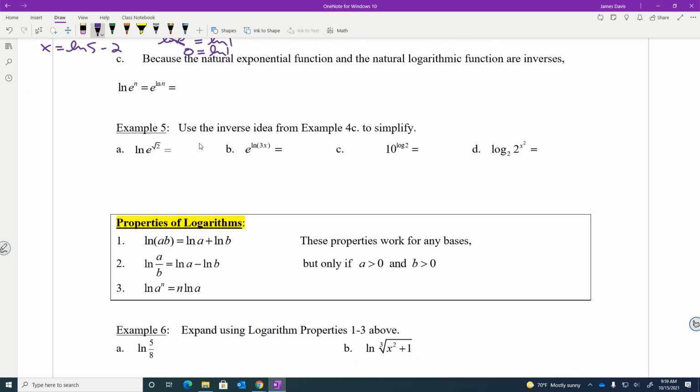Use this inverse idea to simplify some of these. So what would be the natural log of e to the radical 2? Just down to radical 2. Yep, and just cancel. Okay, and e to the natural log of 3x would be just 3x.